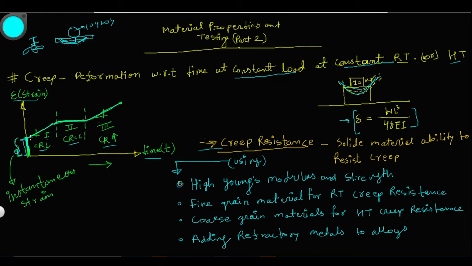In the first region, slowly with time creep increases, and creep resistance of the material decreases. After a certain time period, creep resistance becomes constant, so deformation also becomes constant, almost linear. And after that creep resistance increases, so deformation slightly increases.